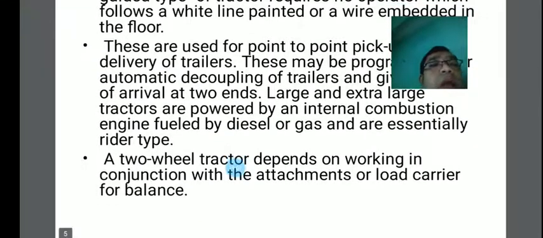Two-wheel tractors depend on working in conjunction with an attachment or load carrier for balance.